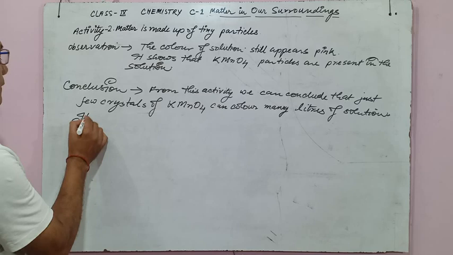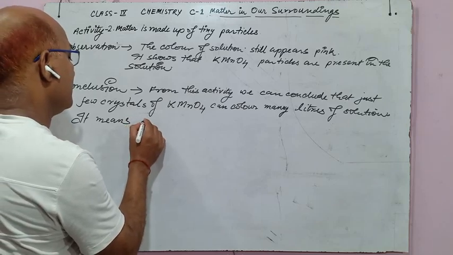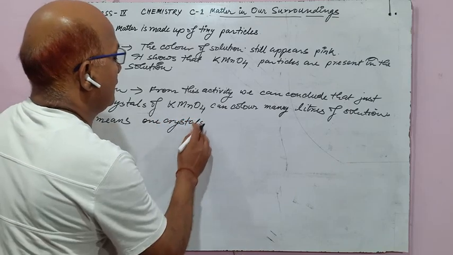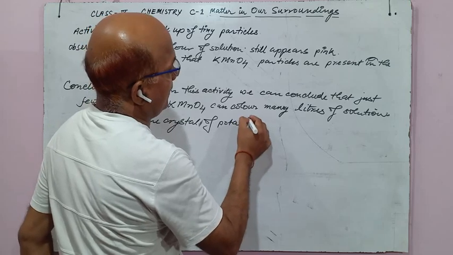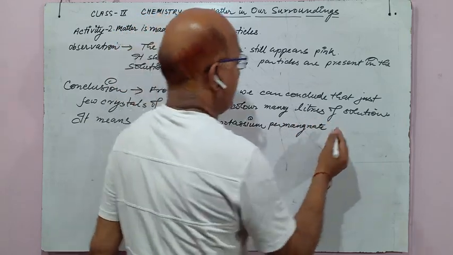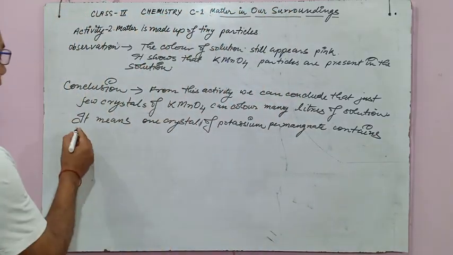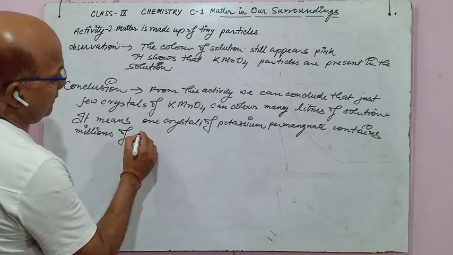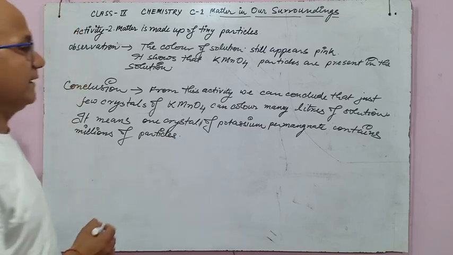It means one crystal of potassium permanganate contains millions of particles. Okay, now take a screenshot of it.